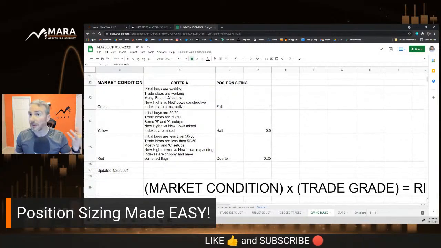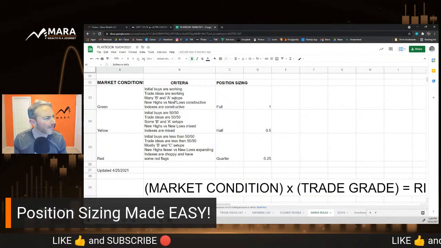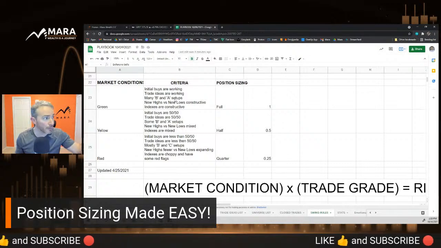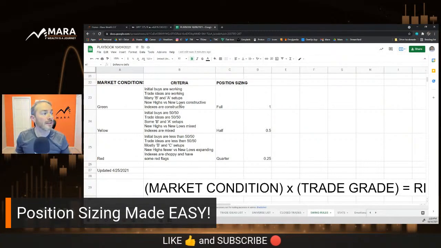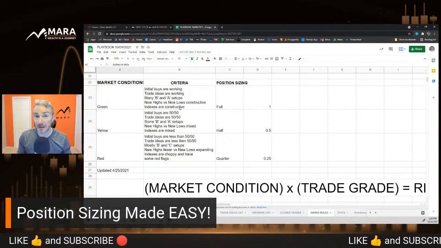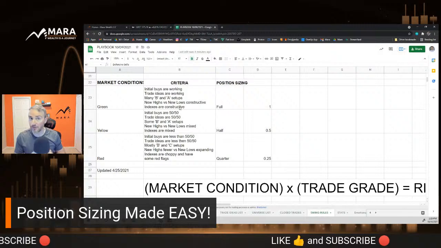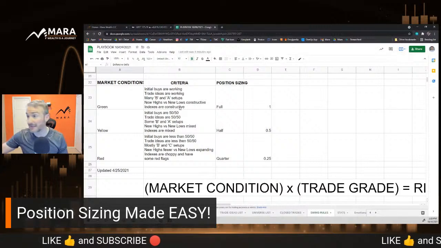Then you have the market condition, right? I look at market conditions kind of similarly, but I'm using a traffic light system: green, yellow, and red. If it's a green condition, where the market is trending nicely and trades are breaking out and doing well, then that's a green condition.